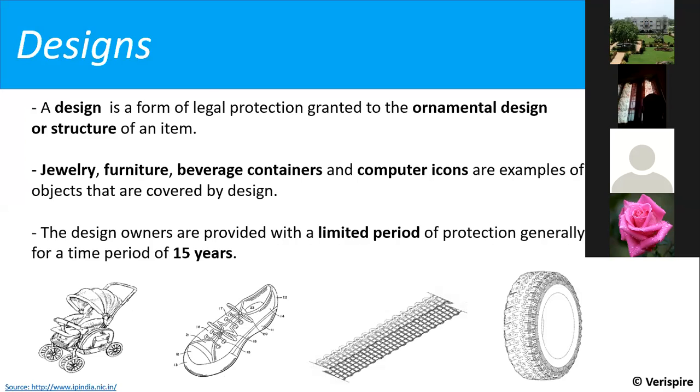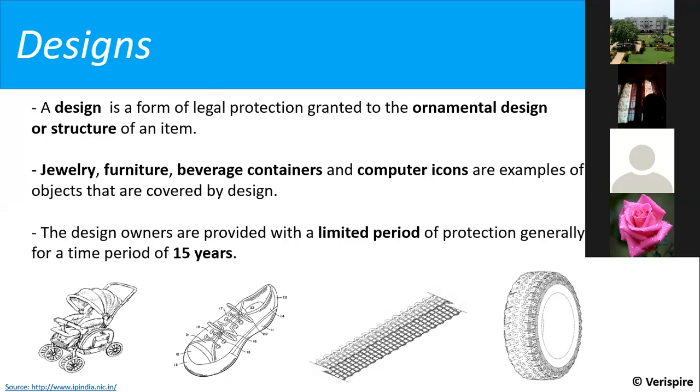We can take one more example: many automobiles or vehicles are there now. Every car or every vehicle has a different shape. I take the example of XUVs. Every XUV has a different design, different from other automobile companies. So a design is basically a structure of a product.